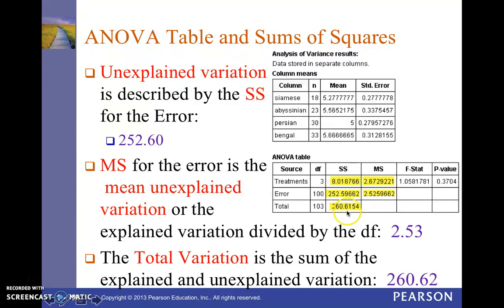So it allows for cross-checking for people who have to do it by hand. That's a moot point here for you folks, because the computer's going to do it, and it's going to do it right every single time. But if you suspect that the computer is wrong, just look at this table. The between and the error should add up. 3 plus 100 is 103. That adds up. I'm sure if we added all that stuff together, we would get 260, 6150.